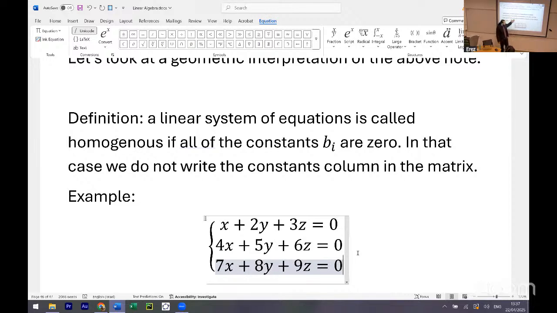And think about it, there is no reason to write it in the matrix because every operation you will do between 0 will always remain 0.